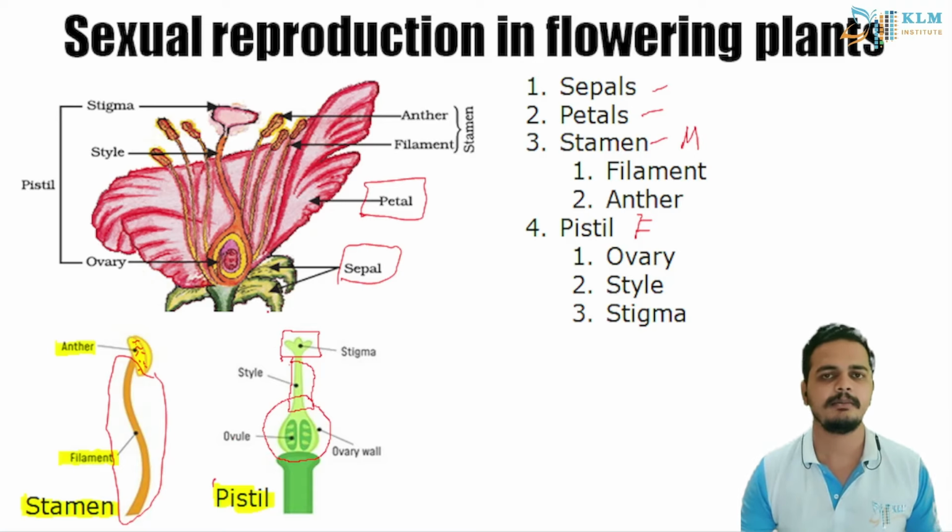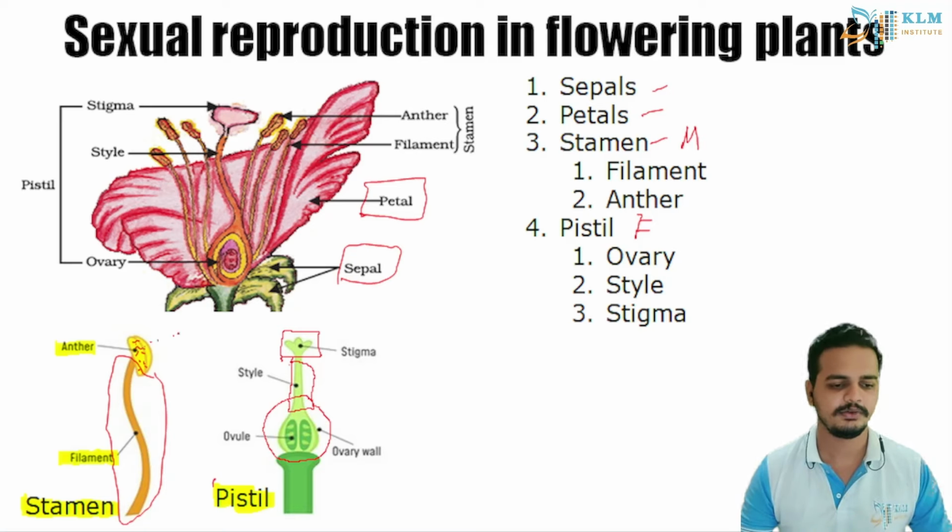It is built to catch the pollen grains through wind or insects, any natural factor, or sometimes it can be man-made. So the anther transfers the pollen grains to the stigma.